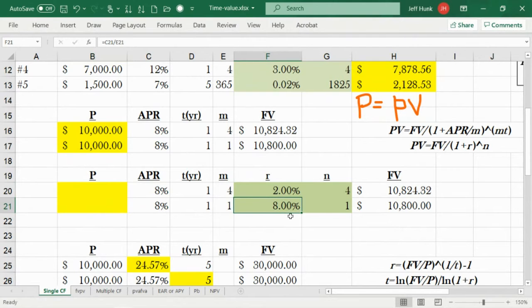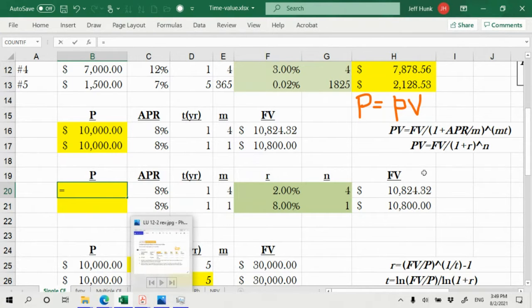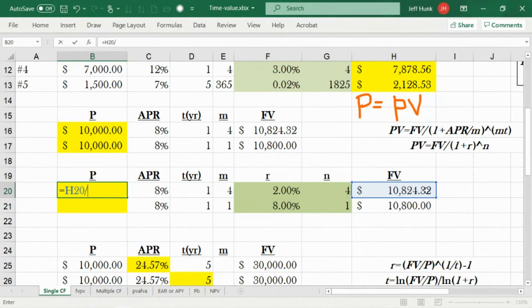So here, we have taken care of R and N separately in separate columns, and then our formula becomes much easier, right? It's simply FV over 1 plus R raised to N. Okay.